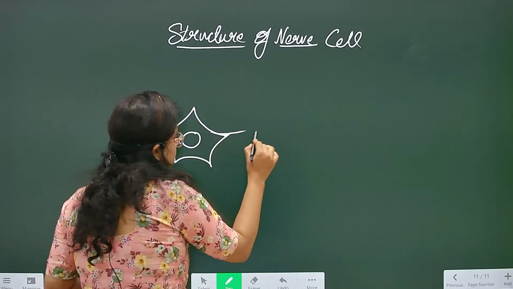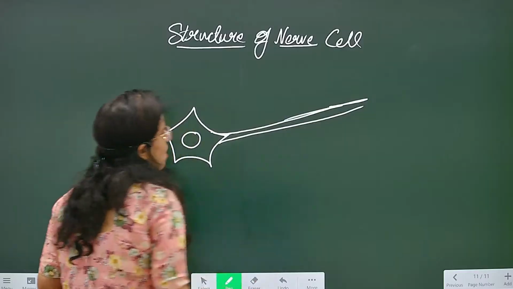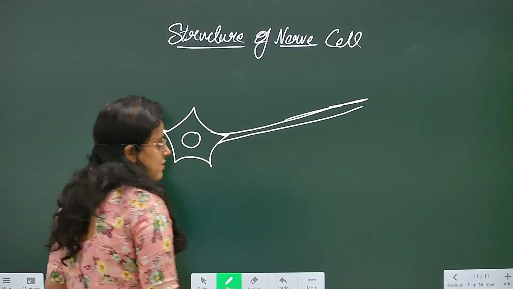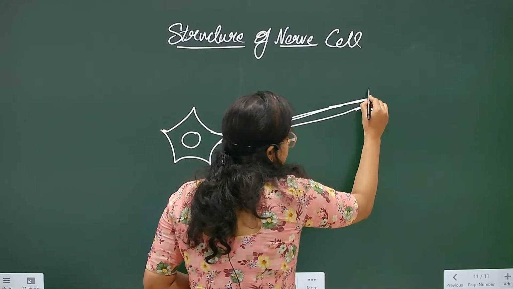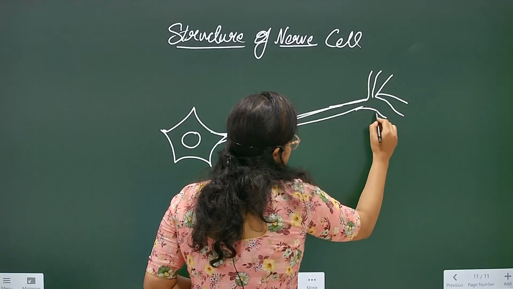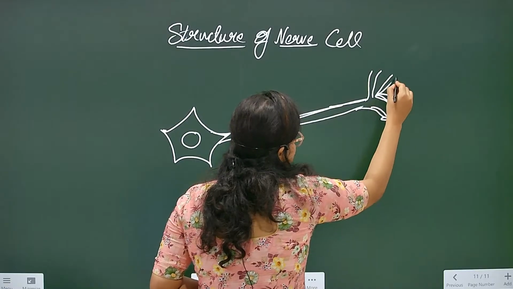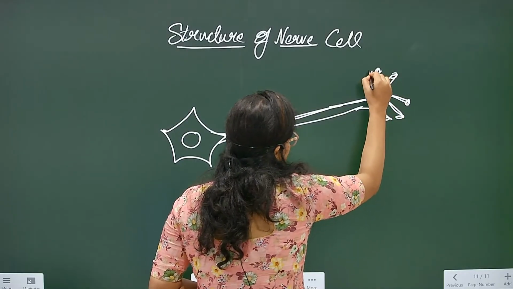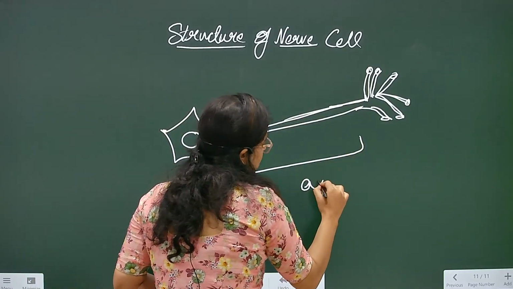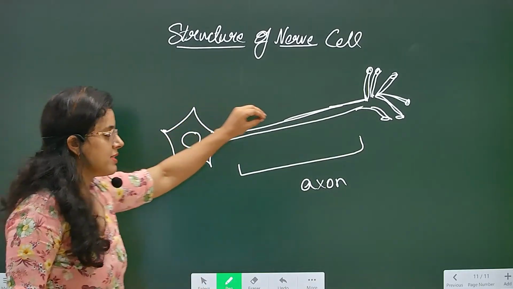The extension of the cytoplasm into a long thread-like structure is called the axon. It is a single long cytoplasmic extension, and at the ends it is divided into further branches. These branches are called axon termination. This complete structure is called the axon, and this is the axon termination. So this is the cell body, this is the axon.